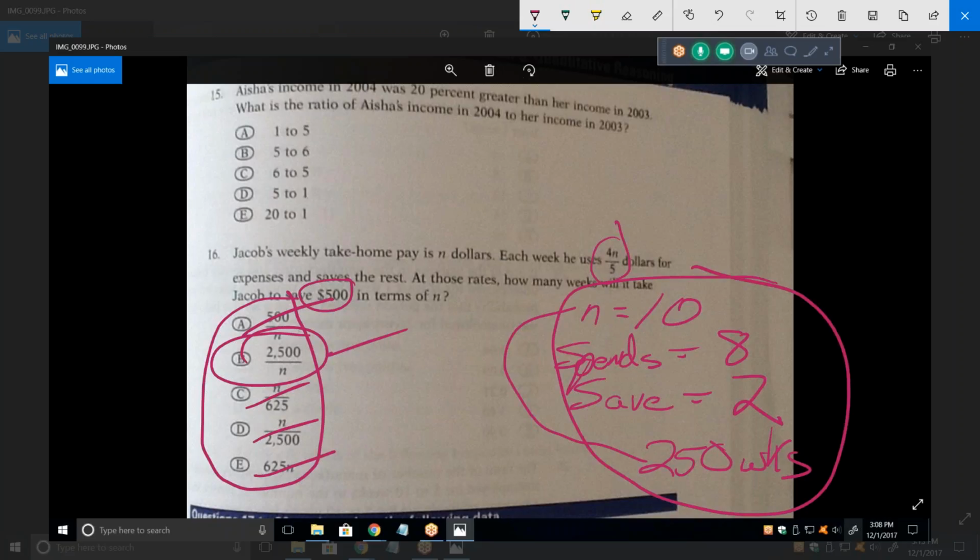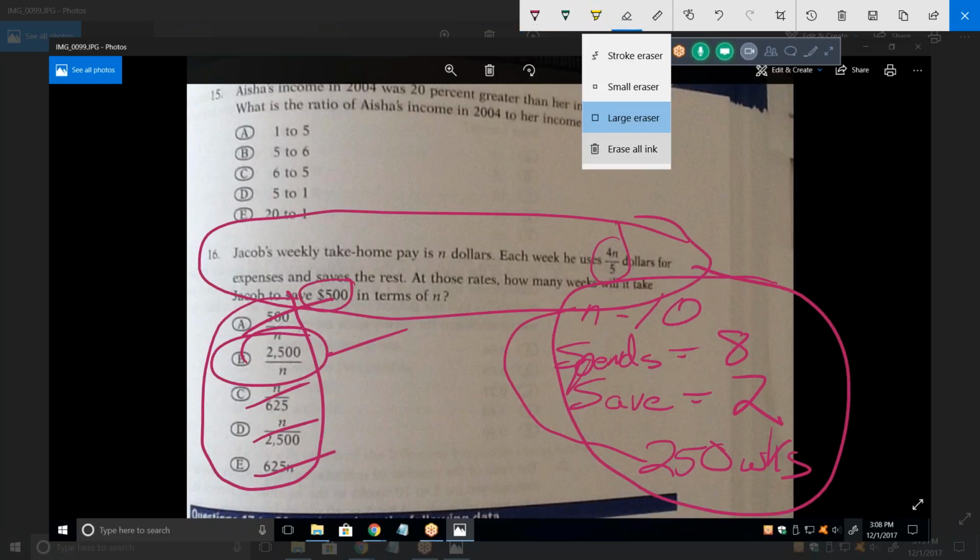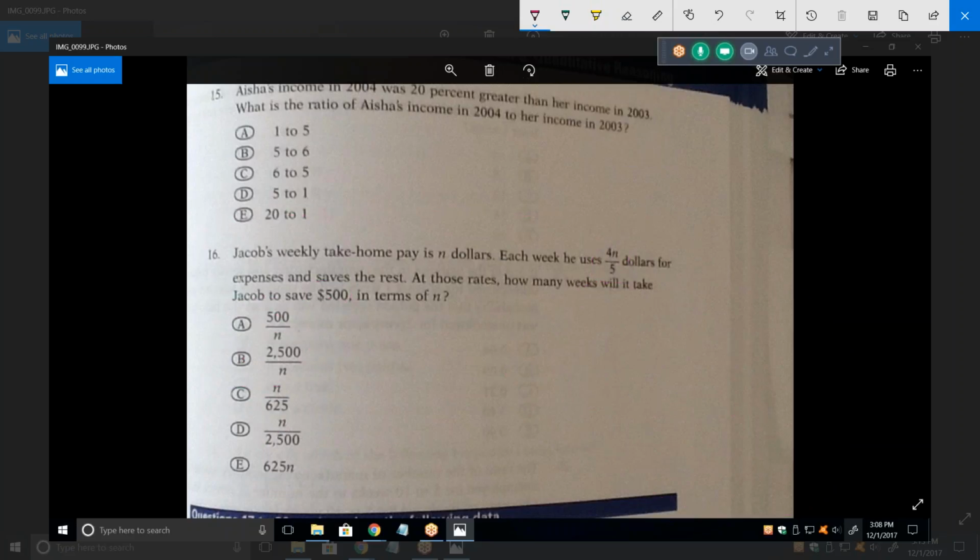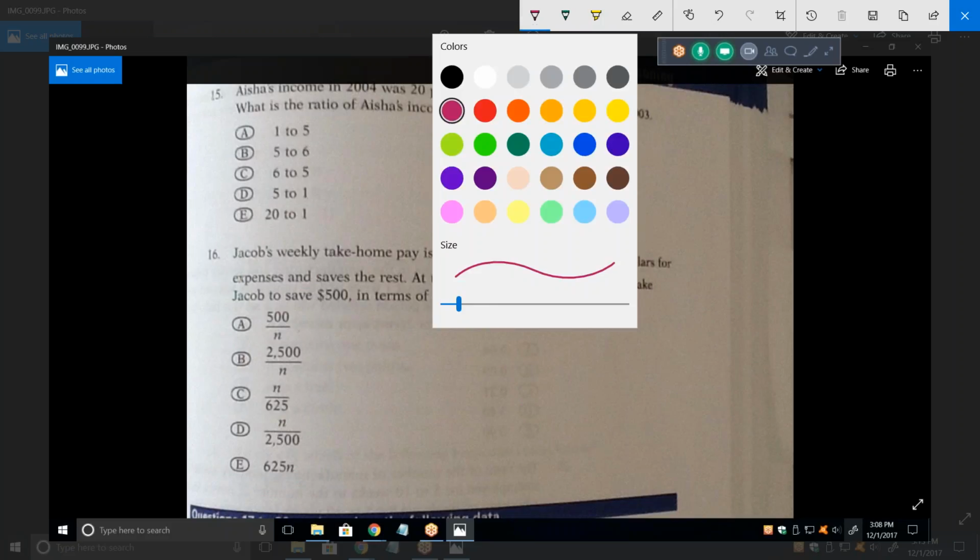Once you picked an n, you were able to figure out how many weeks it would take him to save $500. So the advantage of picking numbers and testing the results is that the mind always knows how to do this math. If you pick an n, the mind doesn't always know how to set this algebraic equation up.